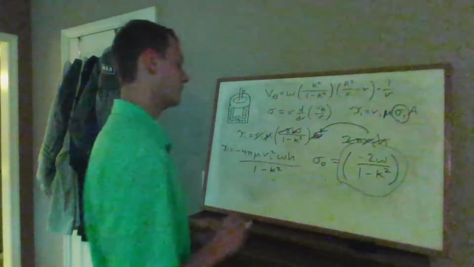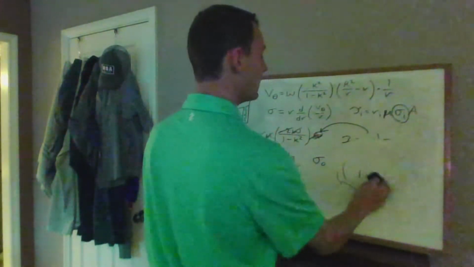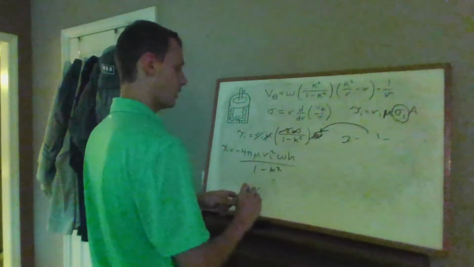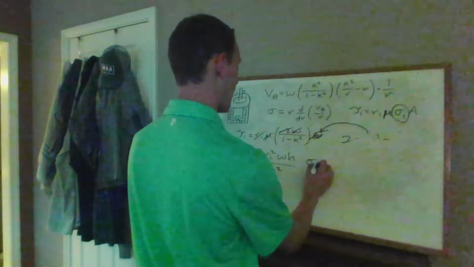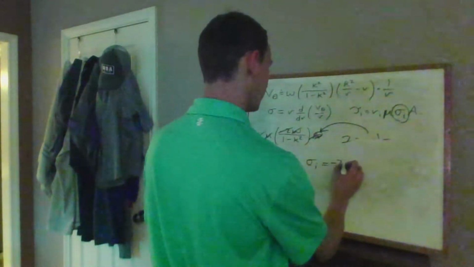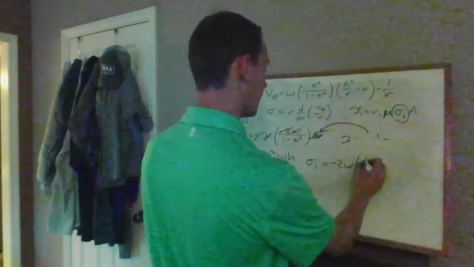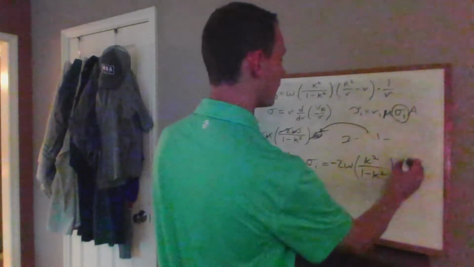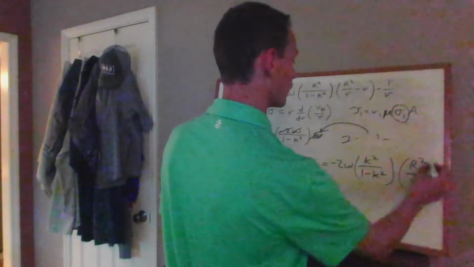Okay, so what we need to think back to is that the thinking I had is correct. We want to use the same expression that we had for the shear rate at the inner cylinder, which I believe was -2 times the radial velocity, then k squared over 1 minus k squared multiplied by r squared over little r squared.